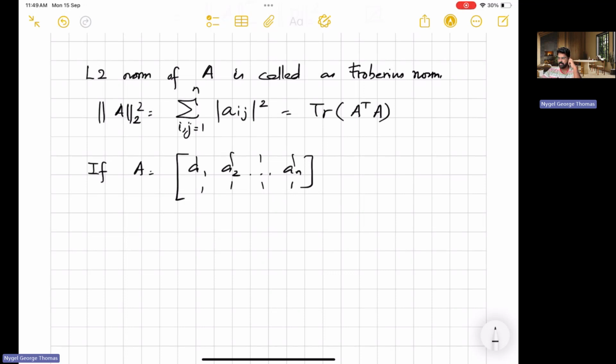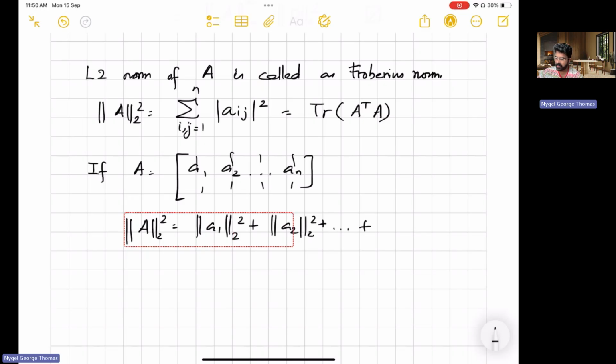We can just look at it as individual columns stacked together. Then the norm of A squared is actually the sum of the squared norms of these column vectors, just adding them together. It doesn't make any difference, just some arrangement, right?